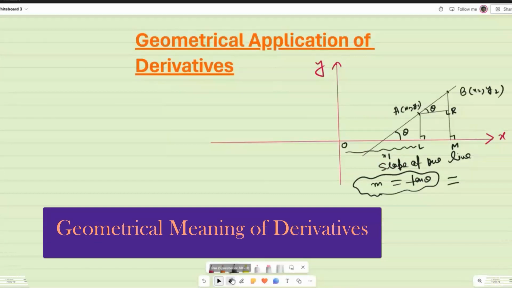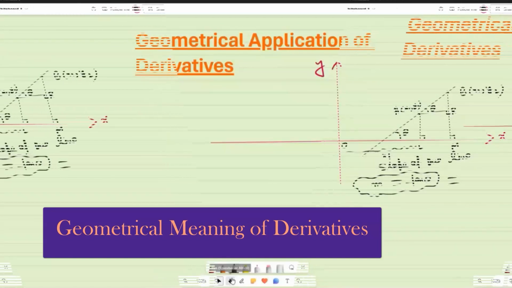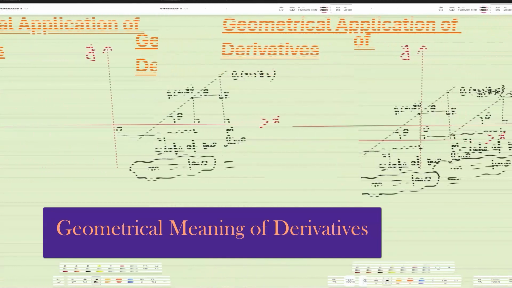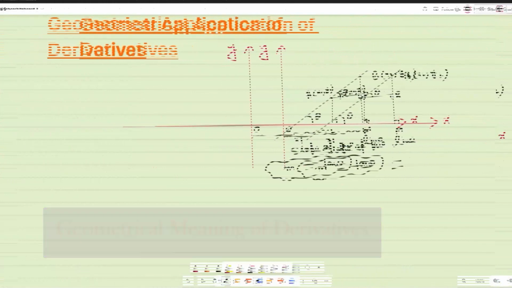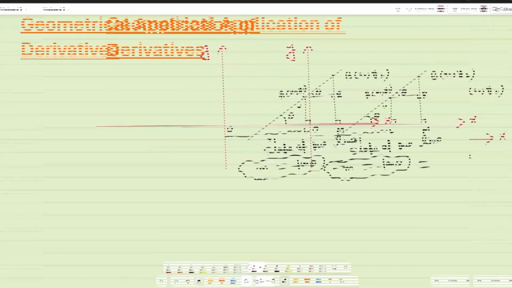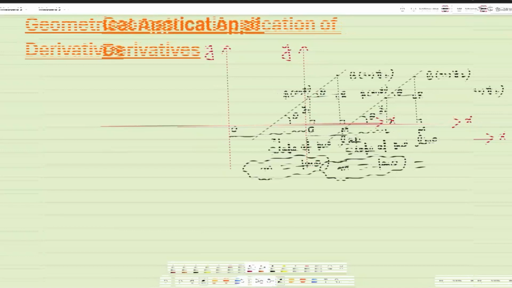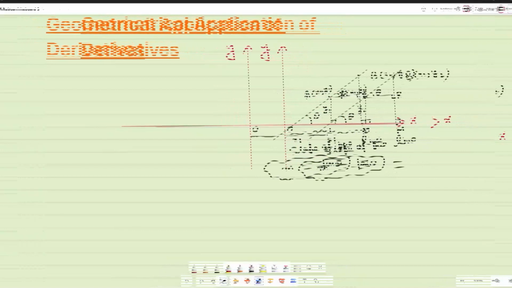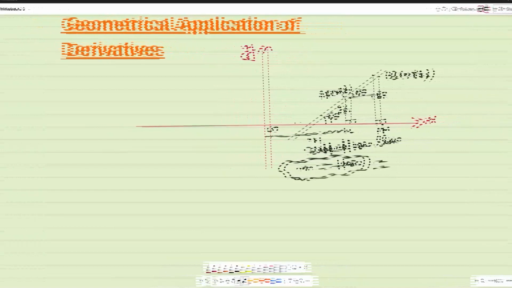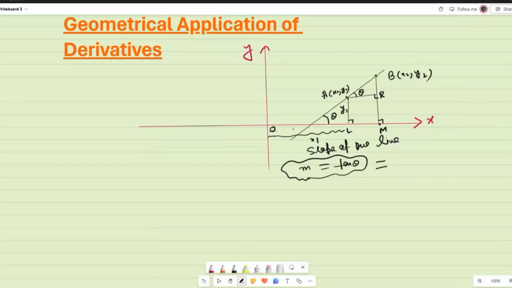So for this line, if you have drawn perpendiculars AL and BM respectively, then this length, the distance from origin, is x1, this part is y1. And similarly, distance of this point from origin, this part is x2.